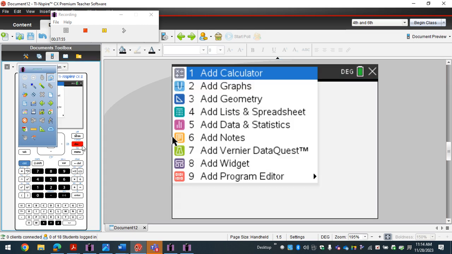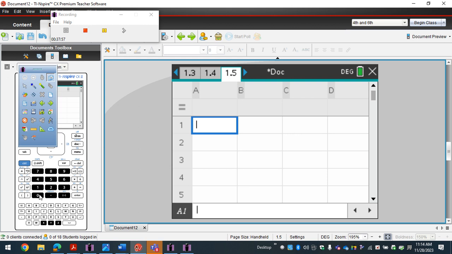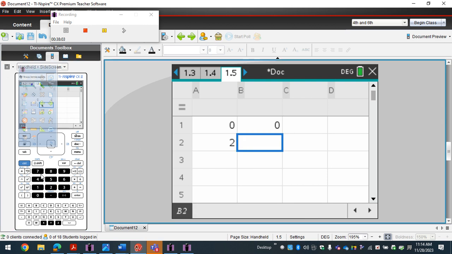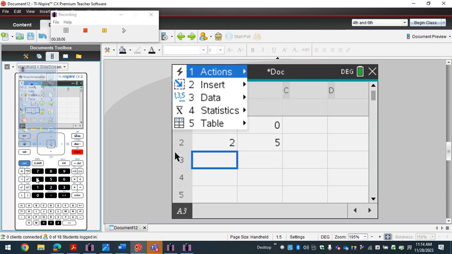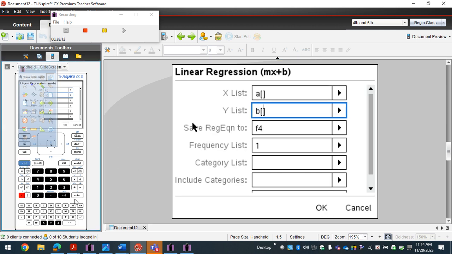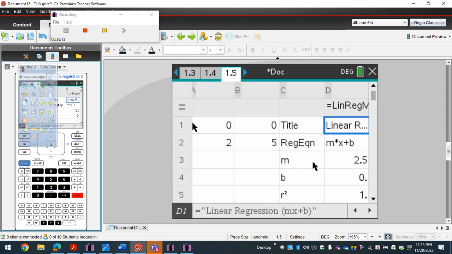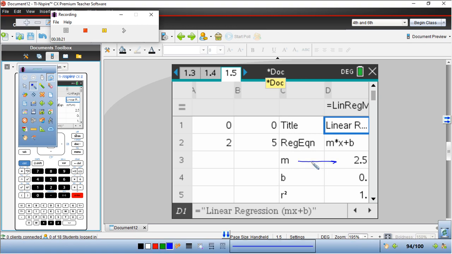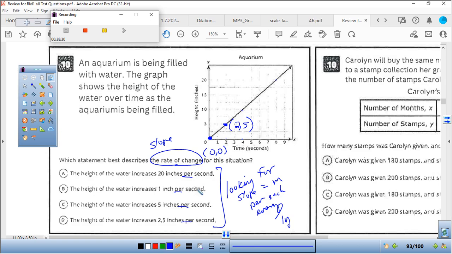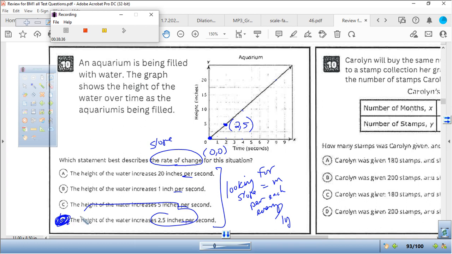Control, add a page, and 0, 0, and 2, 5. Come back over here. Go to menu 4, 1, 3. Control, math. So my m is 2.5. So my slope is 2.5. So come back over here, and there, 2.5. And there she is.